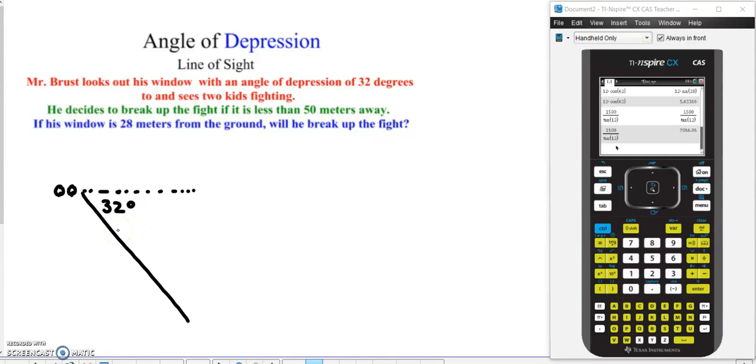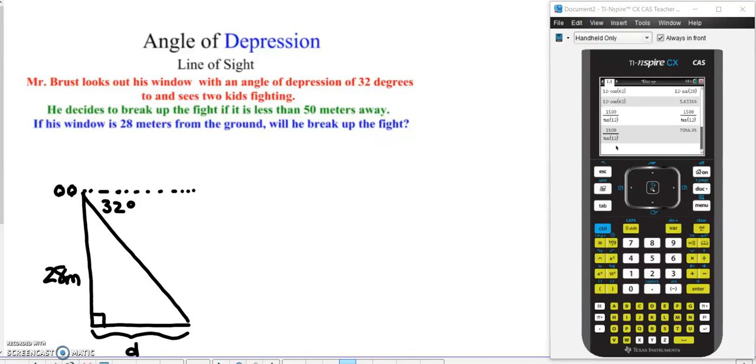He's looking down 32 degrees and sees two kids fighting. He decides to break up the fight if it's less than 50 meters away. If his window is 28 meters from the ground, well, here's his window, 28 meters from the ground. I'm wondering how far this distance is here. I'm hoping that it'll be less than 50 so we can help break up the fight.